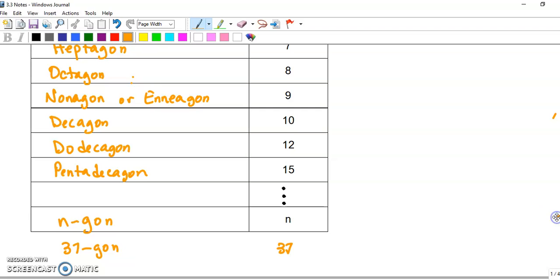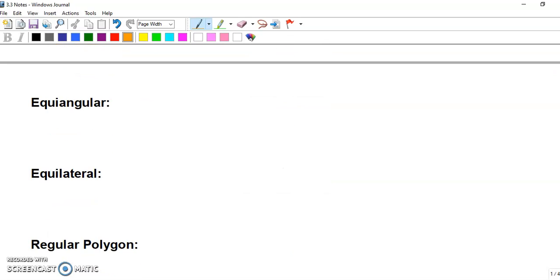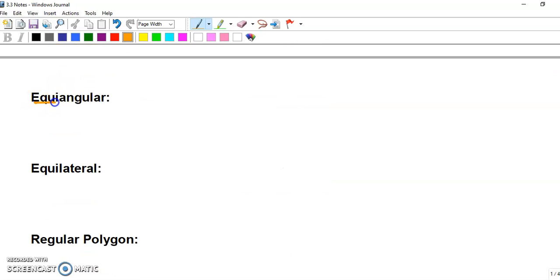Okay, so polygons can be equiangular, so equal angles. They can be equilateral, which means equal sides. If a polygon is equiangular, all of its angles are congruent.